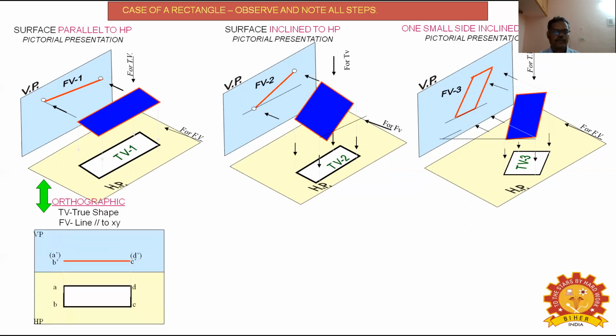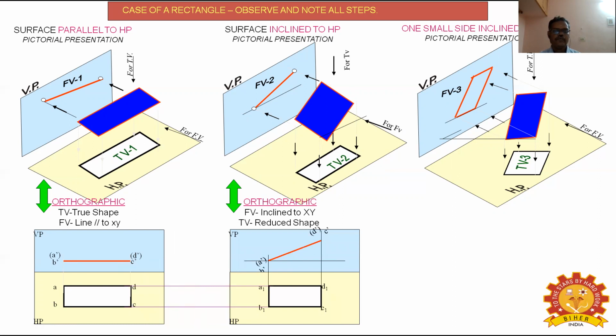Now, in case 1, you can see the original shape of the rectangle, that is called the true shape, and in the front view you can see a line. But in the second case, you can see this inclined line as a true shape, but in the top view you can see this reduced size.